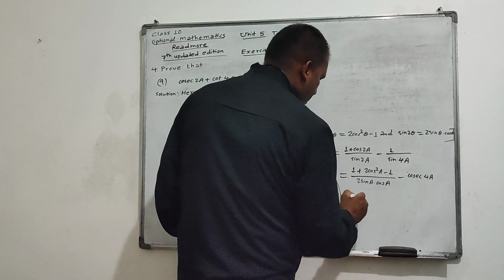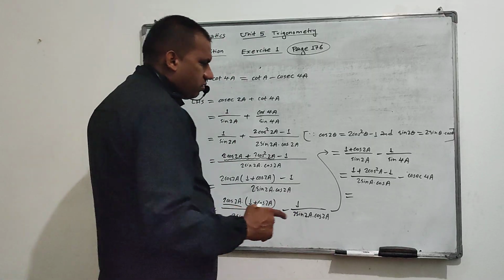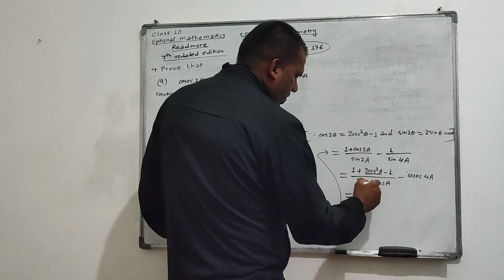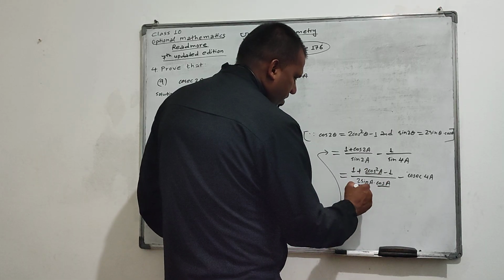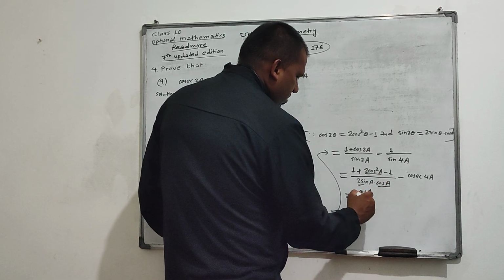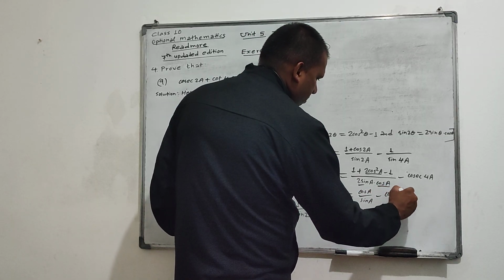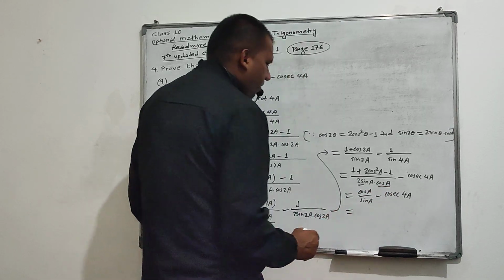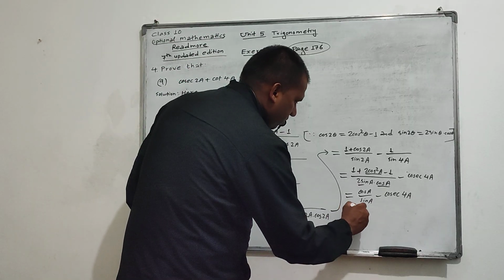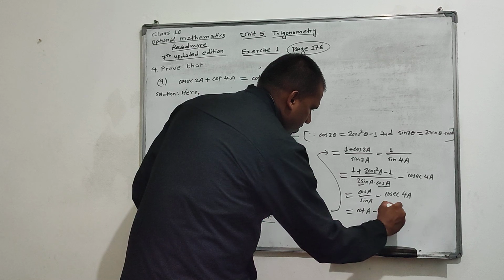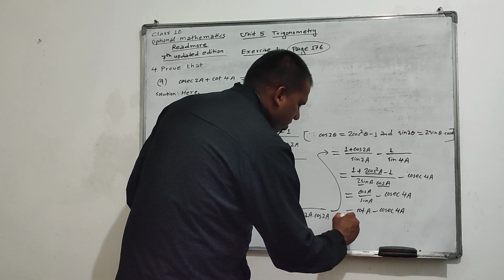Now 1 minus 1 cancels out, 2 cos a and 2 cos a cancel out, remaining cos a by sine a minus cosec 4a. We know cos by sine is cot, so cot a minus cosec 4a, this equals RHS. Proved.